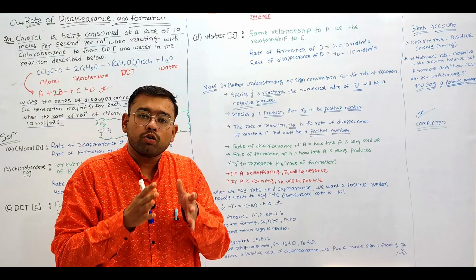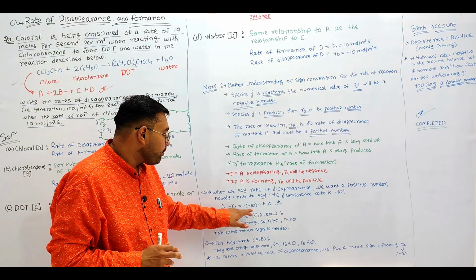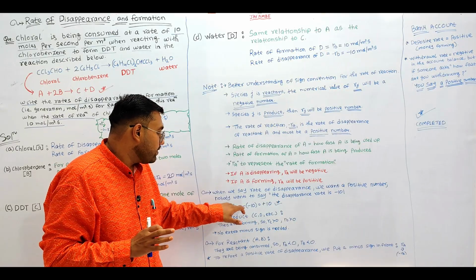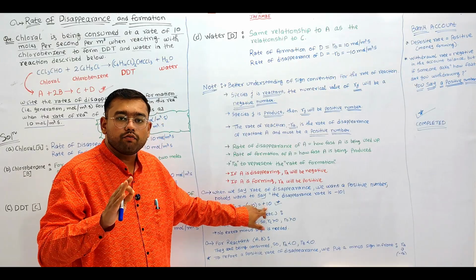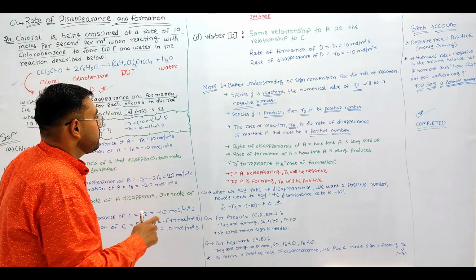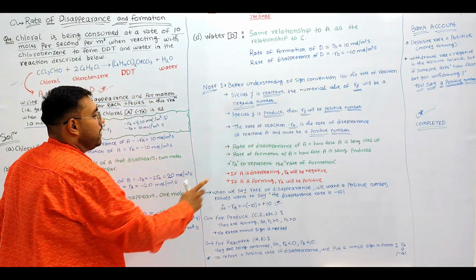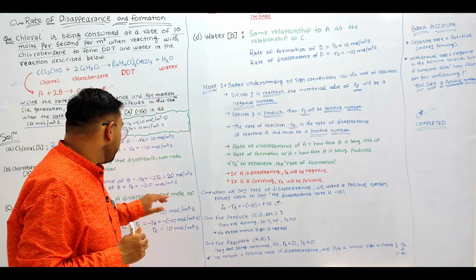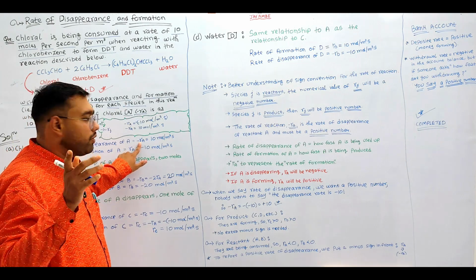So in order to make the sign positive, we just multiply with the minus sign on both the sides. Therefore minus Ra will be 10, which is a positive number. So the rate of the reaction minus Ra is the rate of disappearance of reactant A and must be a positive number.